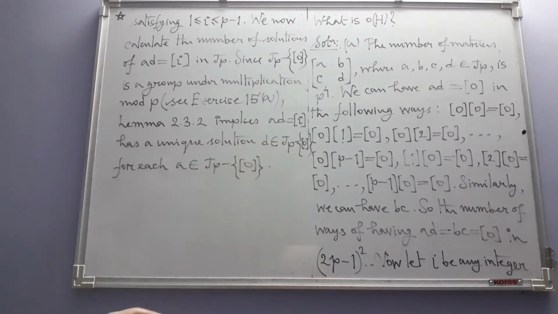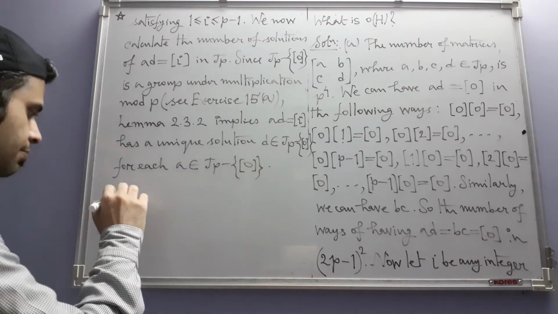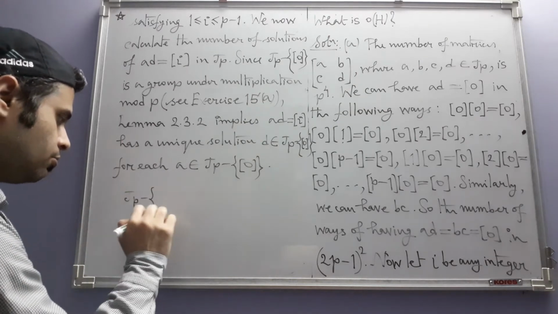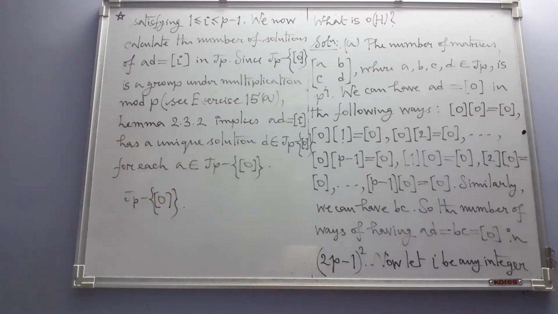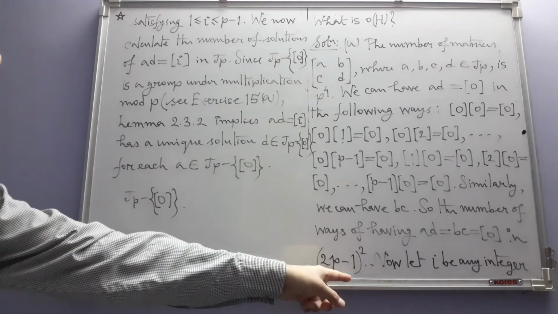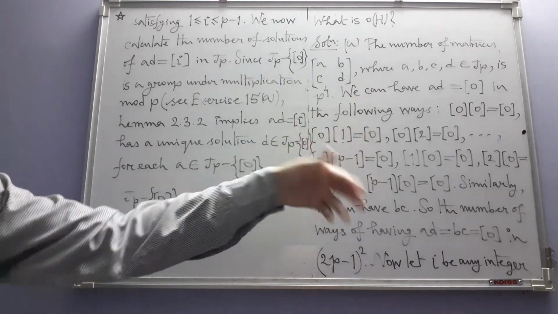So what we have said here is, see that Jp minus 0 is a group under multiplication modulo p, or under the multiplication that we have in this equation AD minus BC.